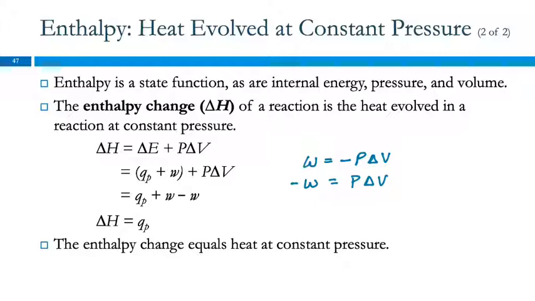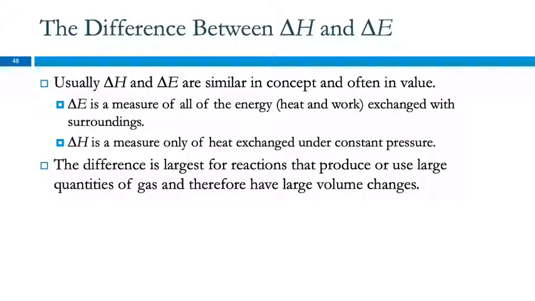So the change in enthalpy is not exactly the same as the change in energy. Enthalpy change is the heat at constant pressure. But delta H and delta E are very similar in concept. In fact, it's a bit hard even for me. I have to really think about it: what exactly is the difference between these two things? And they are often very similar in value.